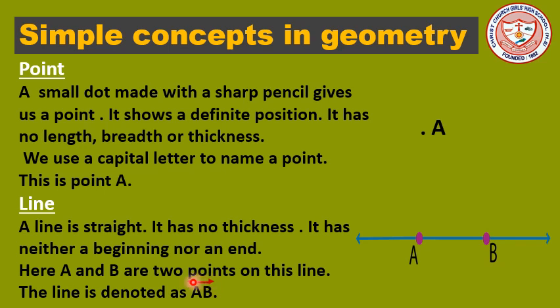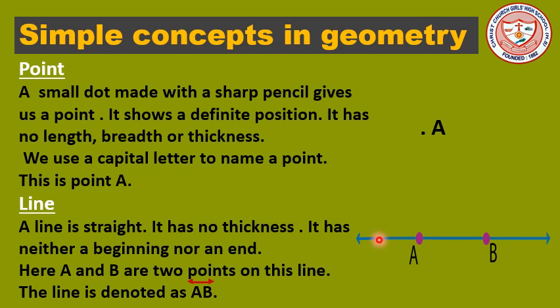These two arrowheads signify that this line is extending unendingly on both the ends. So here also we can see two arrowheads.